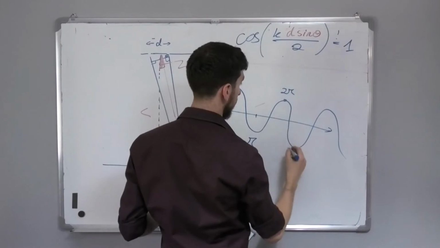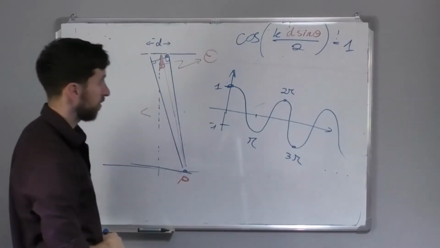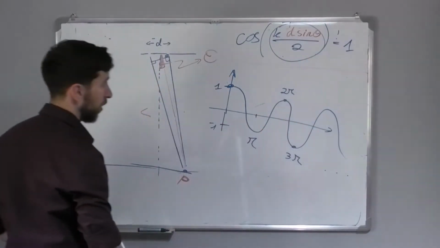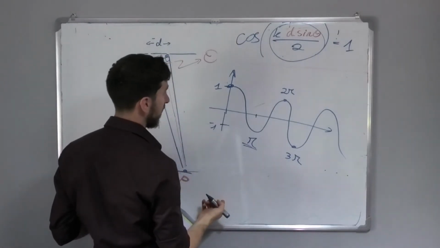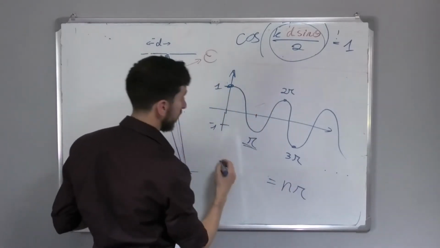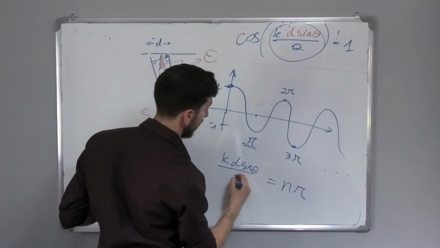Here 2 pi. Here 3 pi. So I can see the pattern. What's the pattern? I need the argument, this part of the cosine, to be equal to some natural number multiplied by pi. That's what I need: n pi equal to this term, k d sine theta divided by 2.